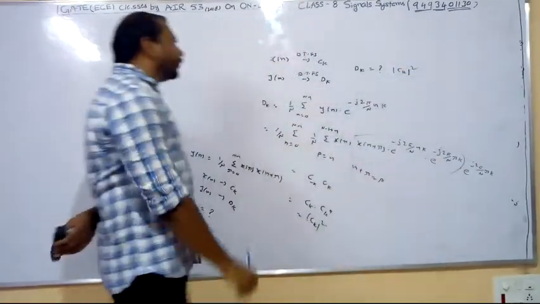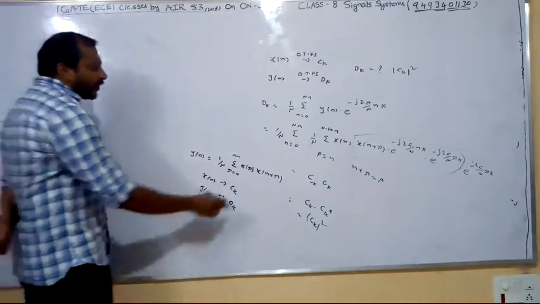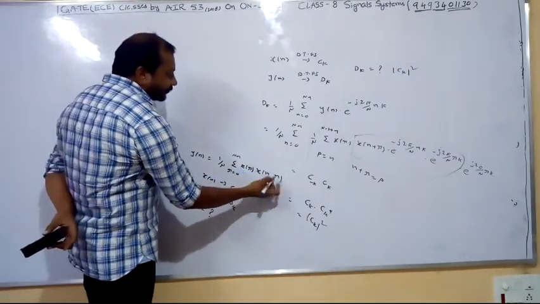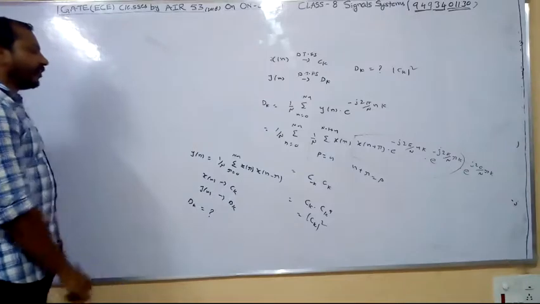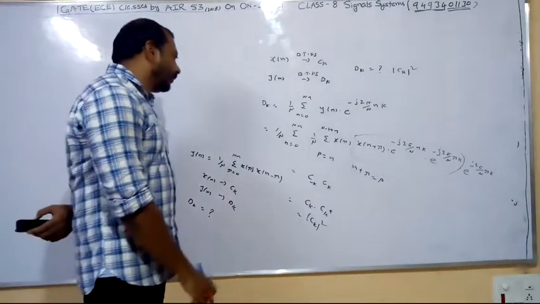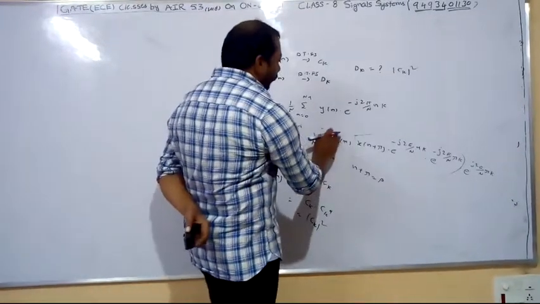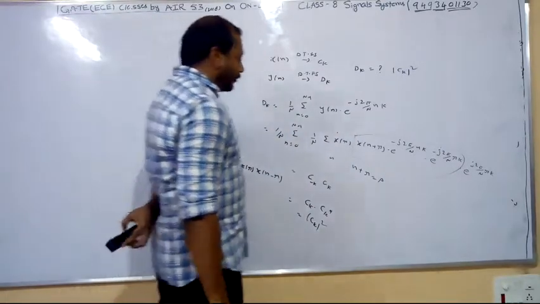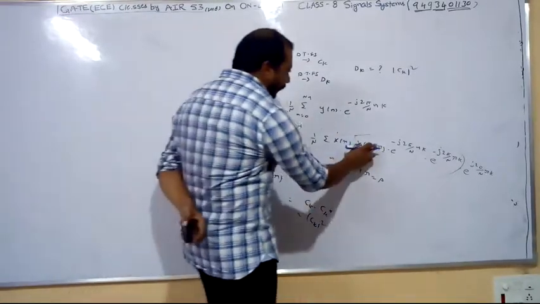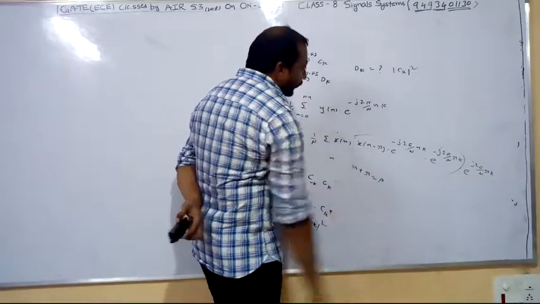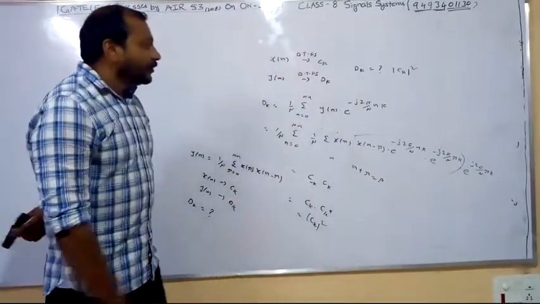Suppose in the question you have x of n minus r in place of x of r, then what will happen? We have x of n minus r into e to power minus j 2 pi by n into k.